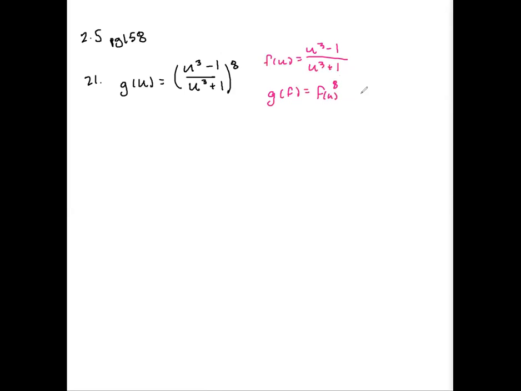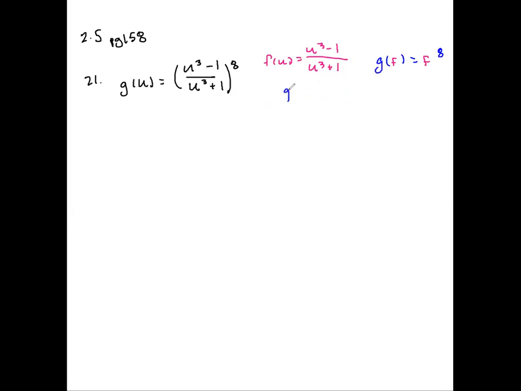Actually, I'll color code this because why not? So this will be g of f is equal to f to the 8. All right, and so then I used a g and f, but we just need to keep track of which one is the inside and the outside function.